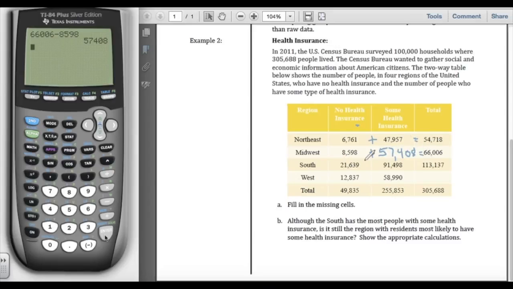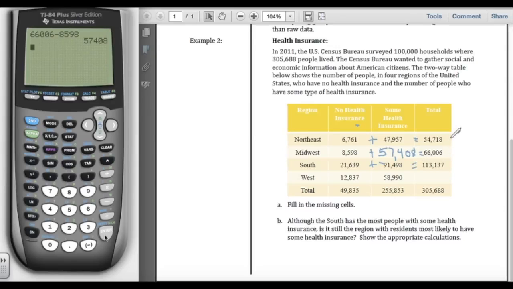And you can double check this. If you add these two numbers together, it will give you the 66,006. Same thing for the South. If I add the 21,639 plus the 91,498, it's going to give me this 113,137.